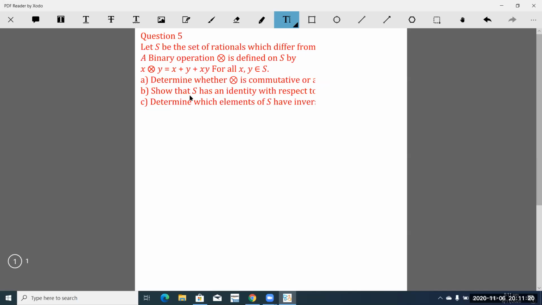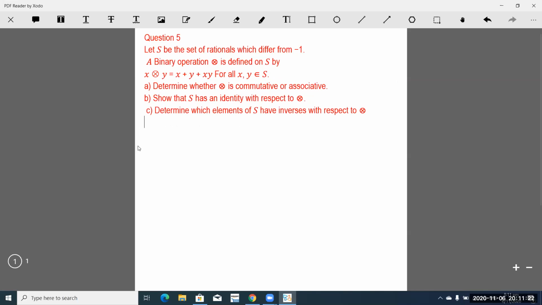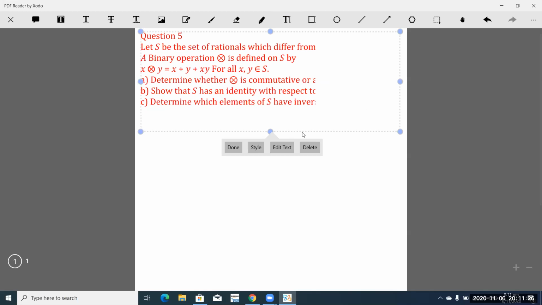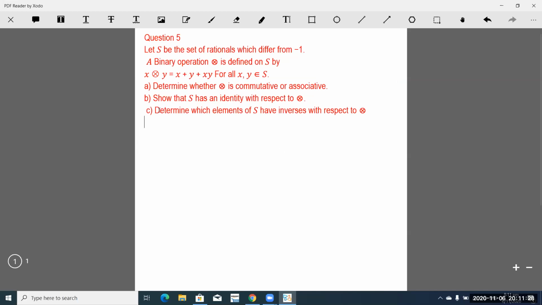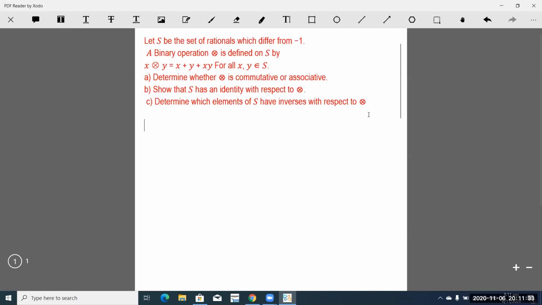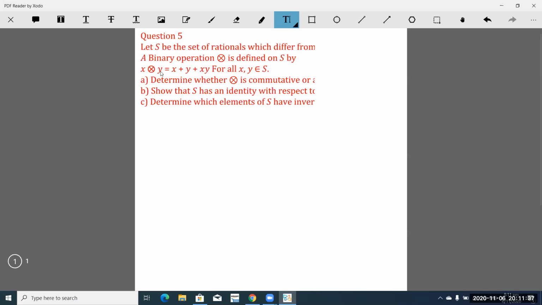All right, now question 5, let's do this now. So x, whatever this is, y is equal to x plus y plus xy.